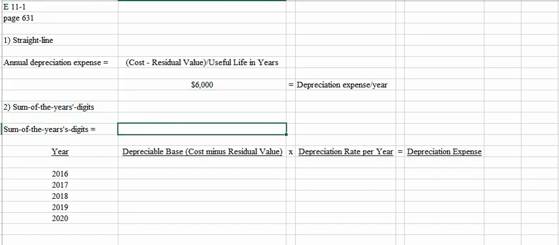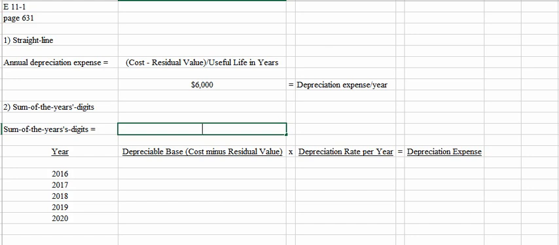Okay, this second one I think is going to be a new method for you, sum of the year's digits. Okay, so the rate you'll use here, okay, the first thing we're going to do, sum of the year's digits, we're going to add together all of the years that we are going to use the business. So, and I think I can show you better than I can tell you.